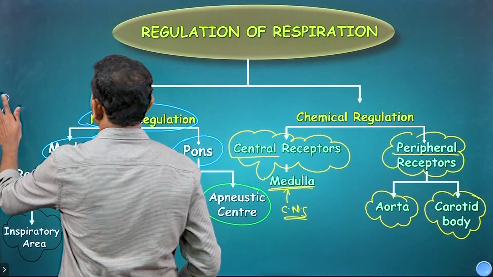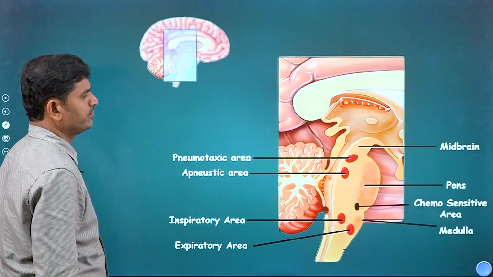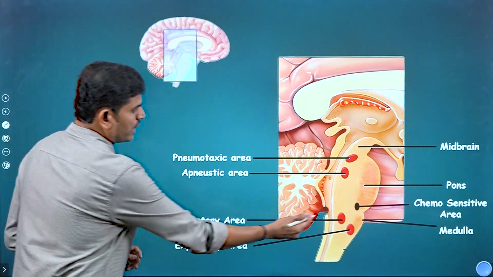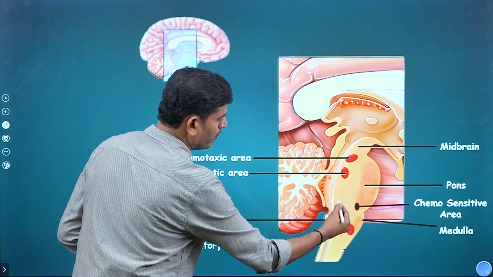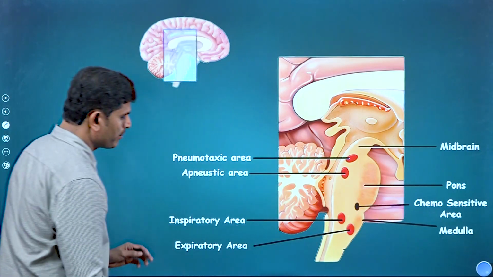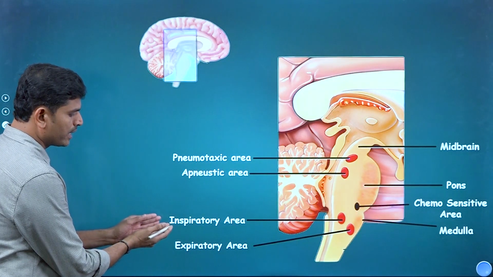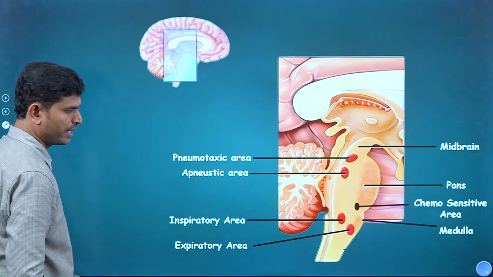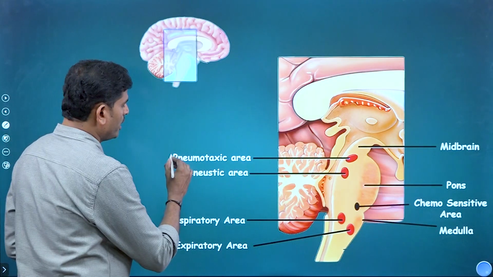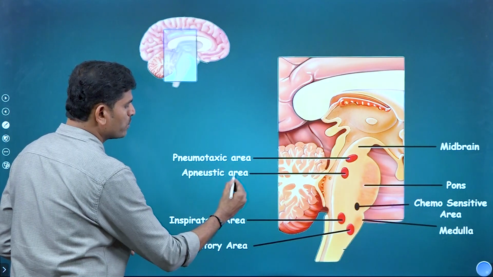Now we can see the next slide. This is the main thing here. See, this is called the medulla oblongata, ये pons varoli. ये medulla oblongata में हम discuss किया अभी, inspiratory area and expiratory area. And next, pons varoli में pneumotaxic area, apneustic area.